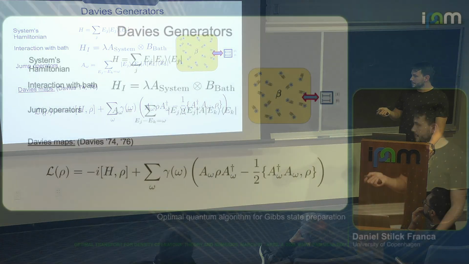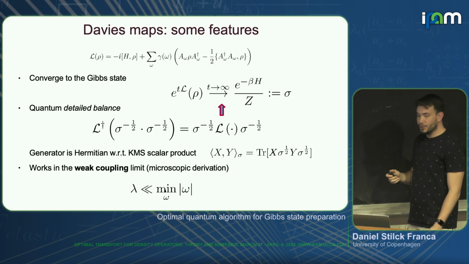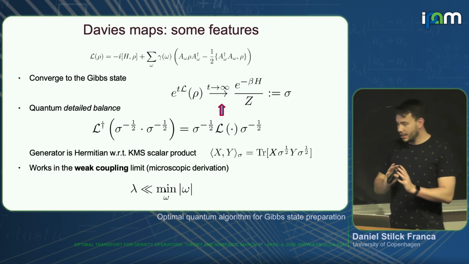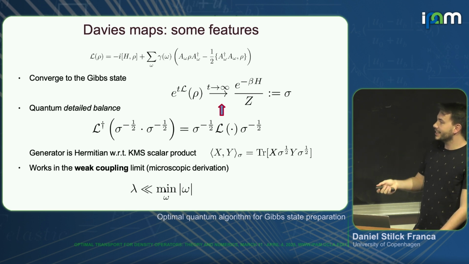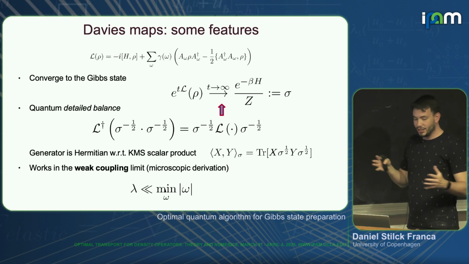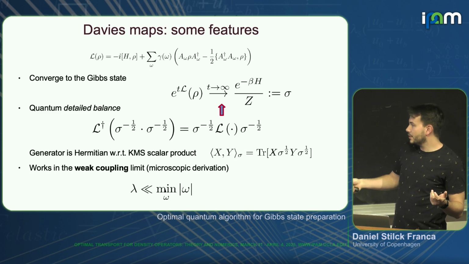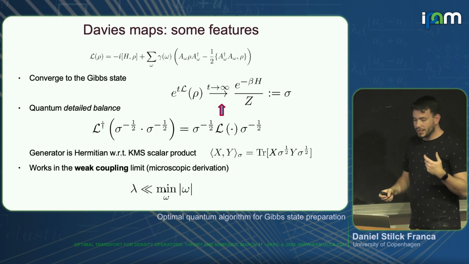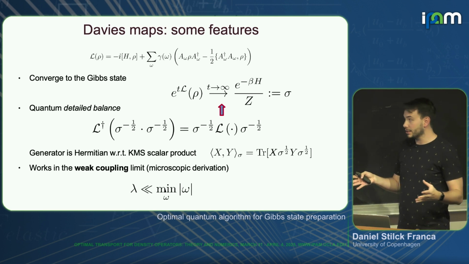All right. Okay, so there are certain things we do like about the Davies generator. I don't only have hate for it. So for instance, it converges to the Gibbs state. You can indeed show that as you let t go to infinity, it will converge to this Gibbs state. And it satisfies a quantum version of so-called detailed balance.